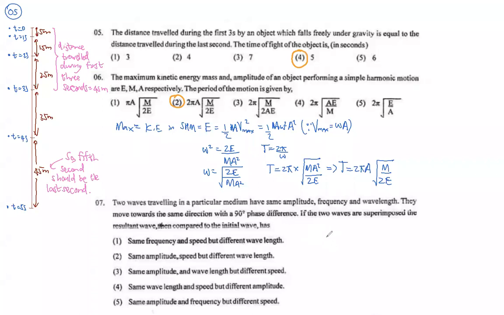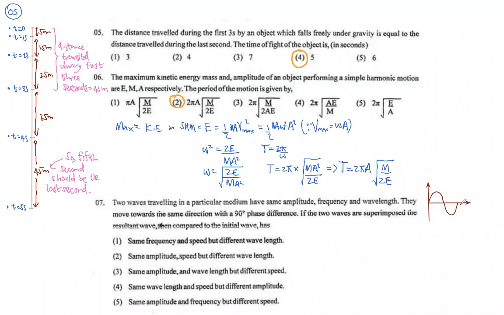People, 90 degrees phase difference means, if you draw a phase diagram, it's going to look like this. This is the phase diagram, displacement with phase angle.